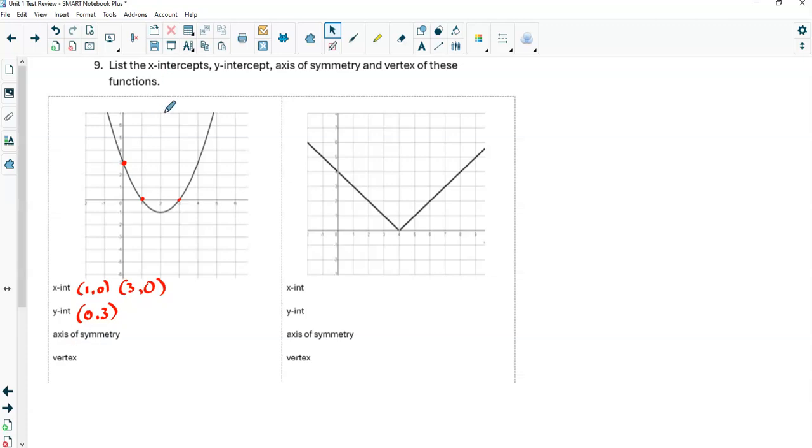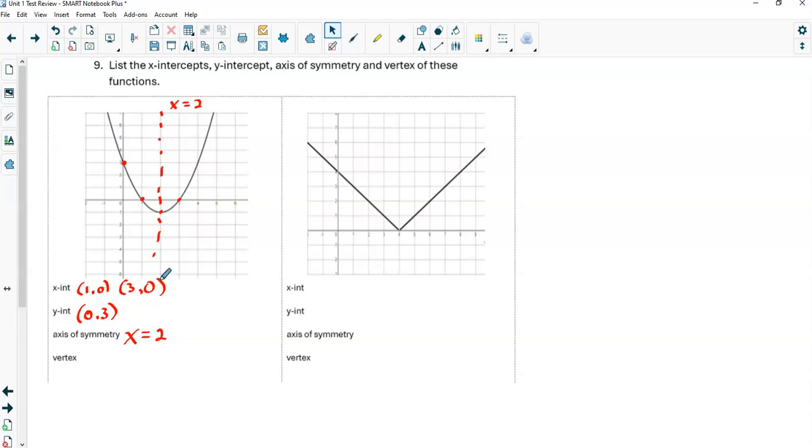Okay, the axis of symmetry, I look for that vertex. The vertex is right there, and the line that goes through that vertex is called the line of symmetry. Notice the line of symmetry, the x is 2. So that means x equals 2. That is the line. So the axis of symmetry is x equals 2.